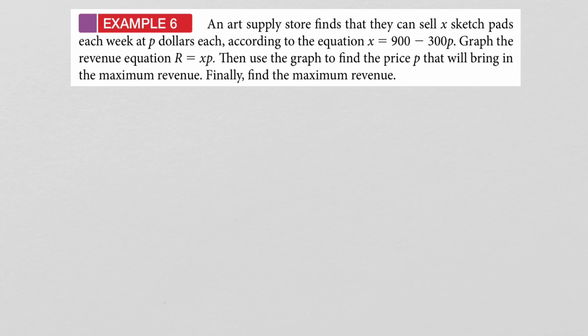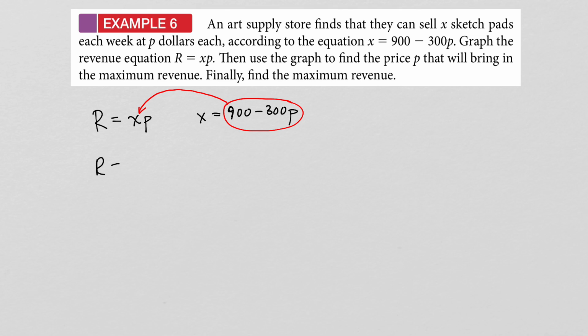So this is kind of like the last problem, except that we need to set up the equation for the revenue. Now that's not too difficult because we know that R is equal to x times P, and we know that x is 900 minus 300 times P. So if x is equal to this quantity, we can take that and substitute it into here.